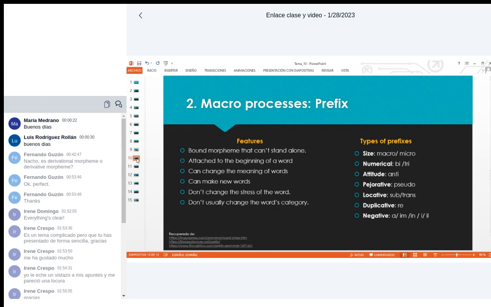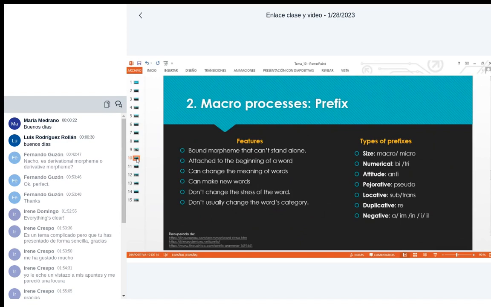Now, the prefixes can change the meaning of words, can make new words, but, and this is something interesting in the English language, the prefixes don't usually change the intonation, the stress of the word. The ones that change the stress of the word are the suffixes. And also, the prefixes do not change the word's category. That is, if we attach a prefix to a noun, the noun will still be a noun.